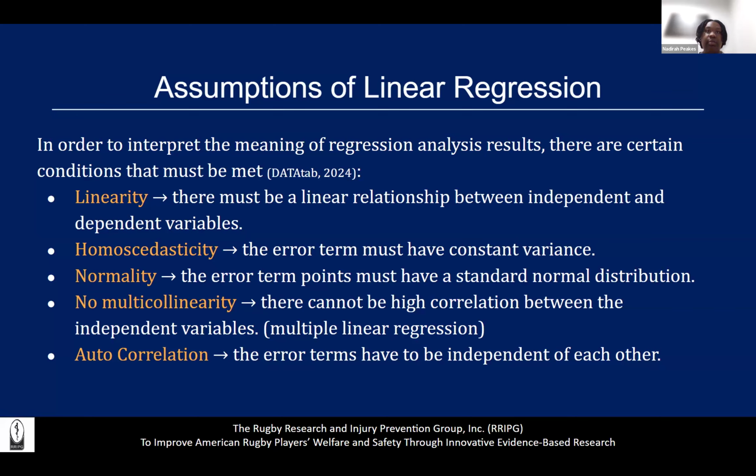If data points were to be plotted, the histogram would need to have a standard normal curve. Regarding multicollinearity, there cannot be high correlation between the independent variables, but this only refers to when you perform a multiple linear regression. And with autocorrelation, the error terms have to be independent of each other. They cannot be dependent on each other.